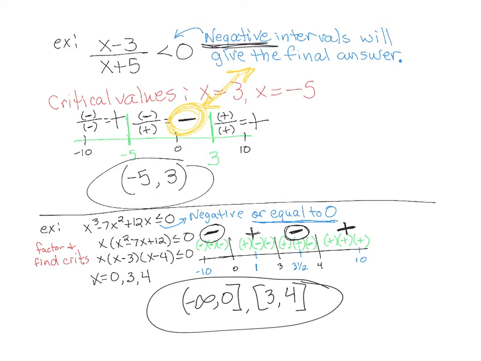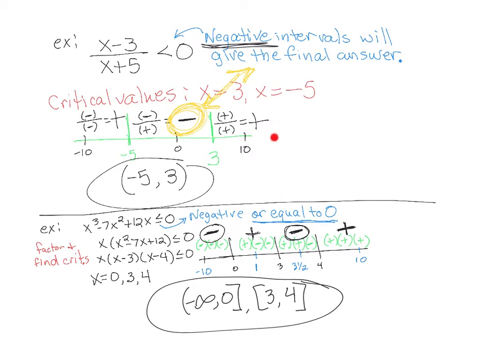I'm going to get the same answer because nothing happens here as far as the sign change goes except at the critical numbers. So I take a number between, plug 0 into the top, I get a negative answer. 0 in the bottom gives me a positive answer. A minus divided by a plus gives me a minus sign.